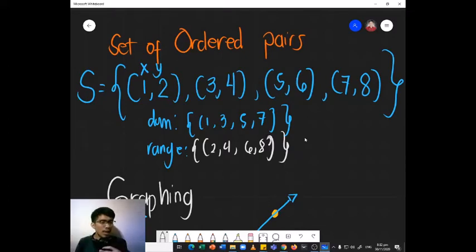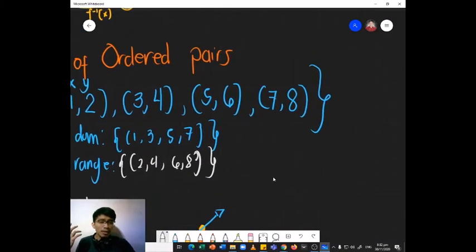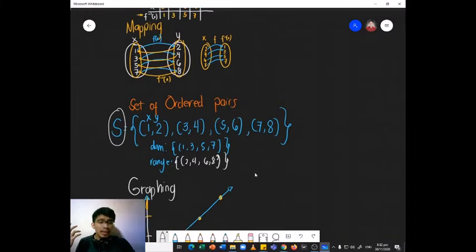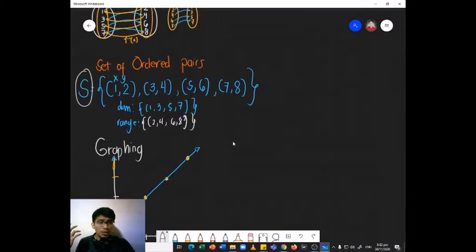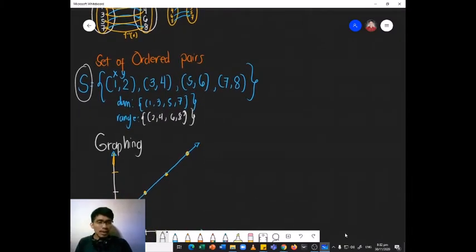Same thing, interchange the positions, interchange the roles in order for us to find the inverse of this set of ordered pairs. Since this is my original set of ordered pairs, I can write S raised to the power of negative 1, indicating that I am referring to the inverse of this set of ordered pairs.